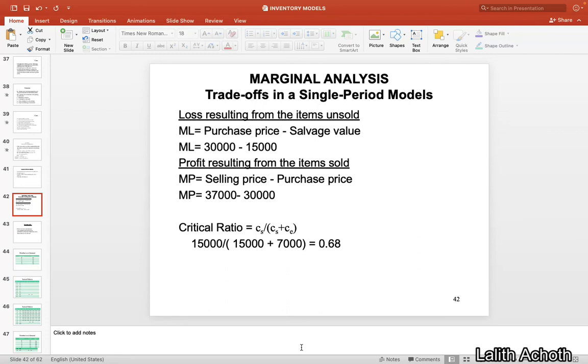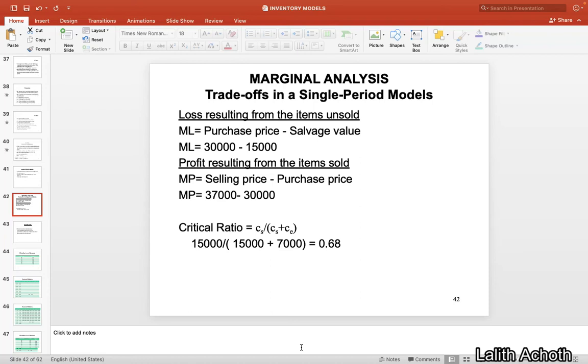So all marginal analysis is done on a per unit basis. So 30,000 minus 15,000 is the marginal loss if a particular item kept in inventory is not sold and it cannot be carried over to the next year. Alternatively, you have what is called a marginal profit, abbreviated as MP, which is the selling price minus the purchase price.